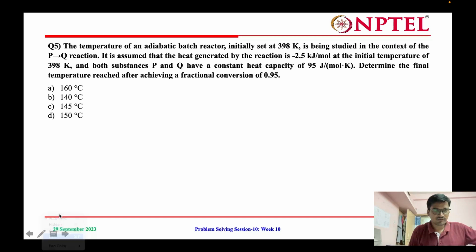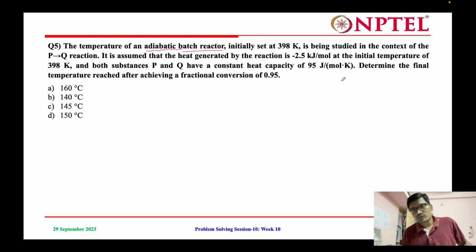Moving to question number 5. The temperature of an adiabatic batch reactor, initially set at 398 Kelvin, is being studied in the context of the reaction P to Q. It is assumed that the heat of reaction is minus 2.5 kilojoule per mole at the initial temperature of 398 Kelvin, and both the substances P and Q have a constant heat capacity of 95 joule per mole per Kelvin.